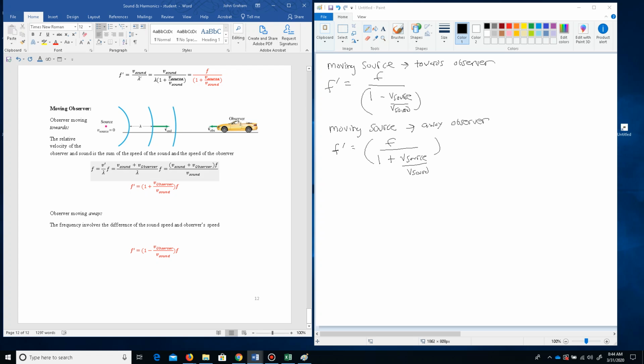And it's going to be equal to the velocity, kind of the difference between the sound and the observer's velocity. Well, not the difference, but the combination of sound and observer.